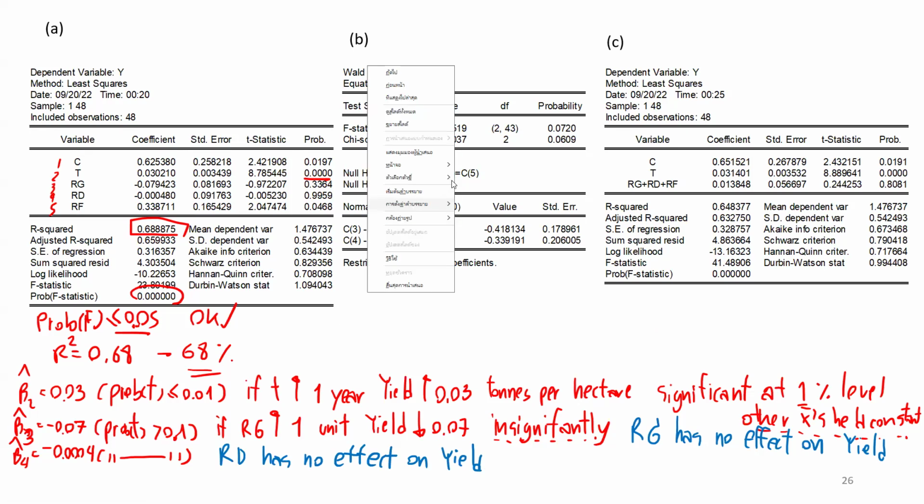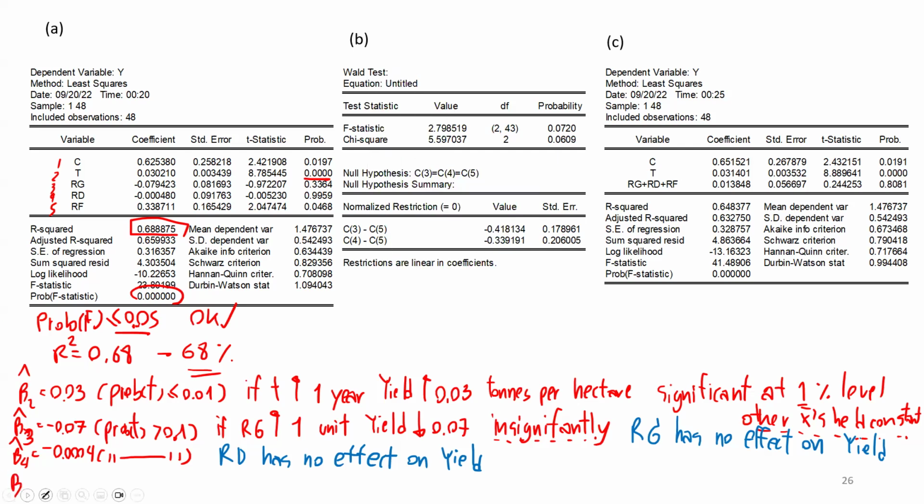However, RF is good enough because RF beta 5 equals 0.33, right?